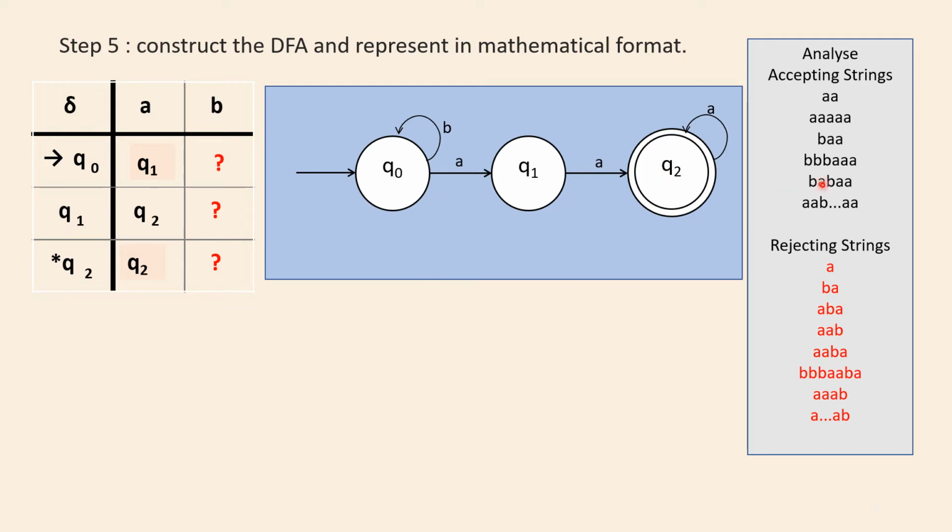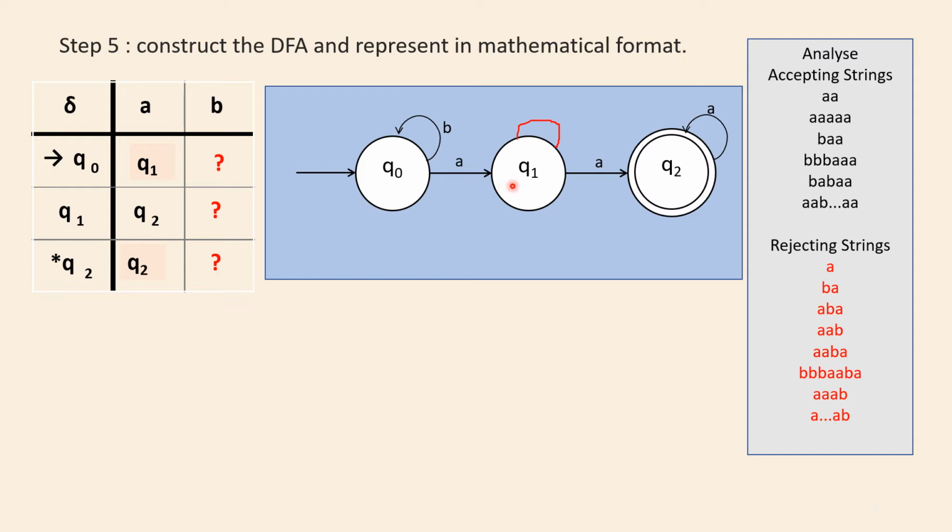Now if my string is BA, this is also supposed to be an accepting string. So if we loop B, A and again if we loop B to Q1, what happens if I get a string which is A?